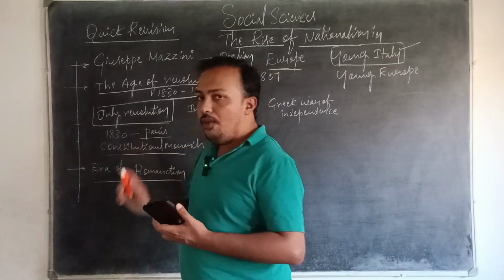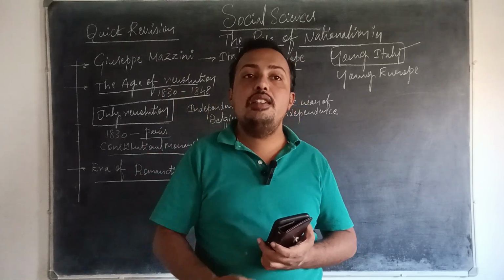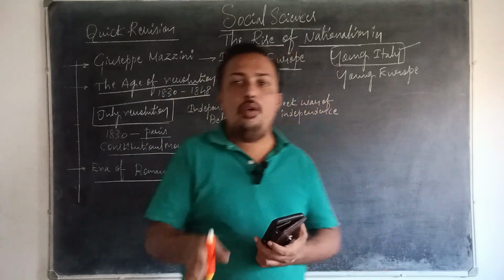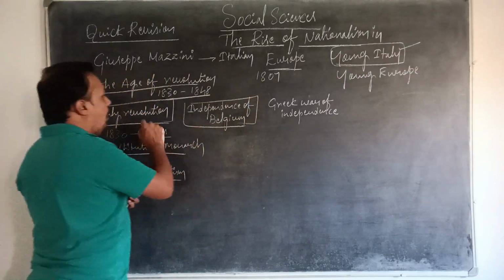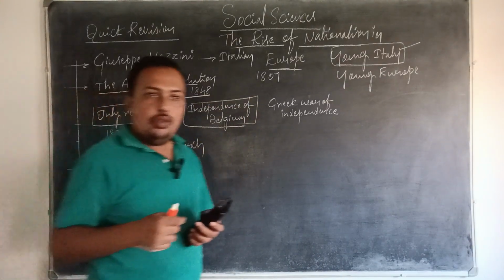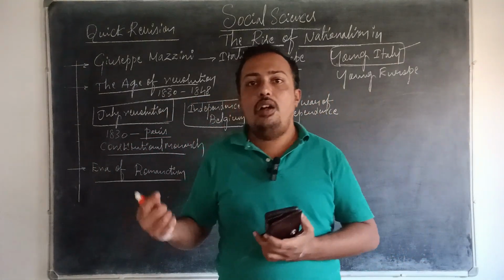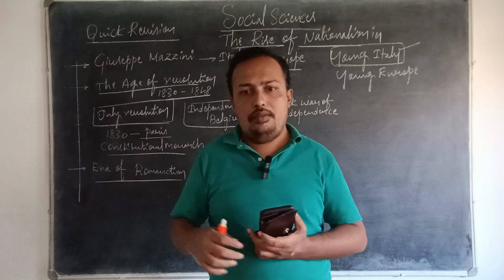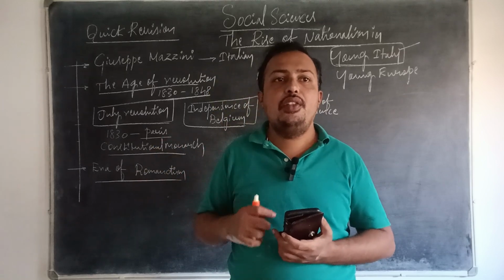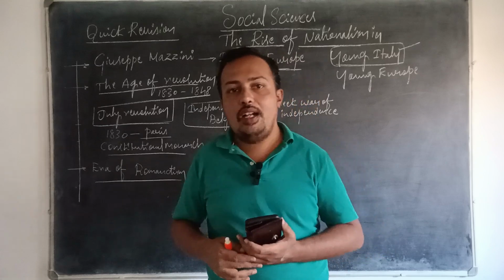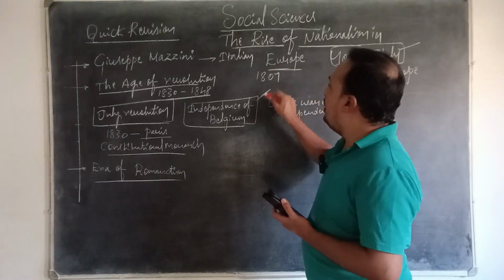Regarding the July Revolution of 1830, Duke Metternich made that statement: when France sneezes, the rest of Europe catches cold. Next is the independence of Belgium. The spark of the July Revolution, which was ignited in Paris, spread across Europe. The Belgian people fought for their independence from the United Kingdom of the Netherlands, and Belgium became an independent nation state.